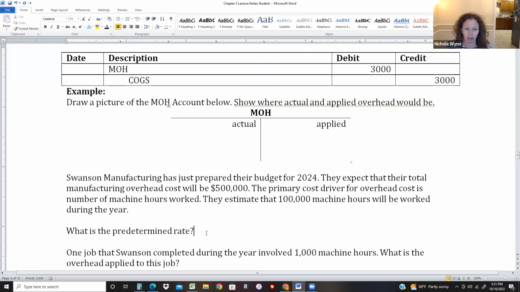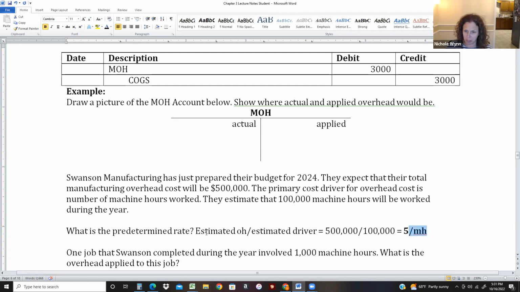So what is the predetermined overhead rate? Our predetermined overhead rate is estimated overhead divided by estimated driver. So we would take 500,000 divided by 100,000, and we get 5 per machine hour.